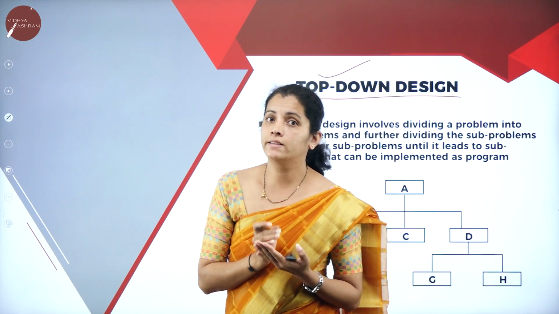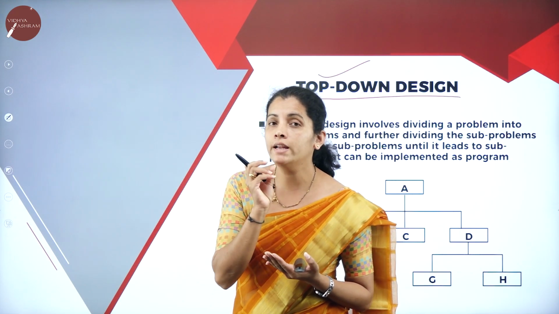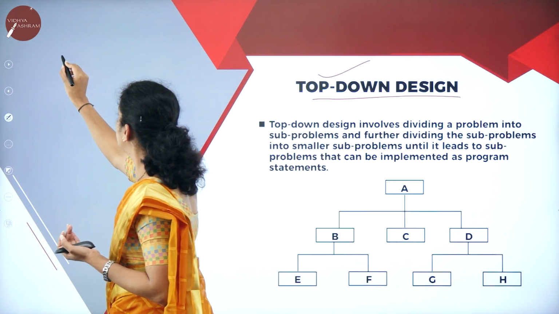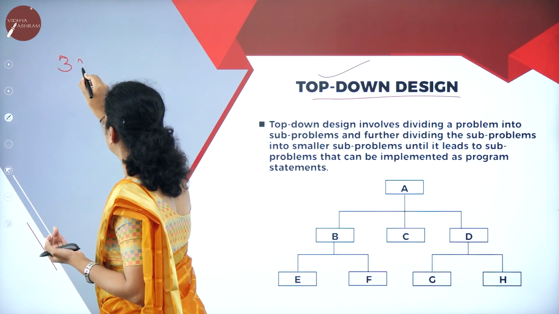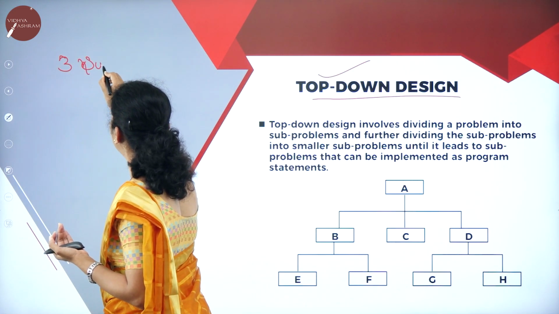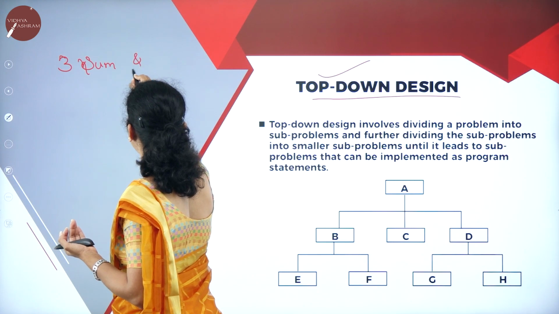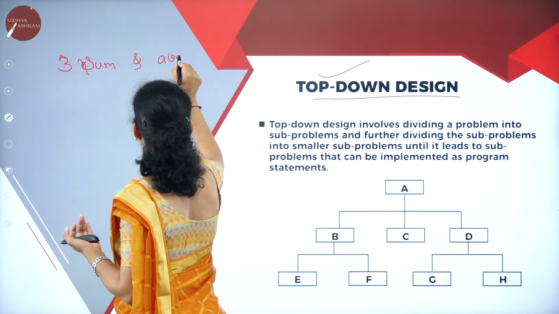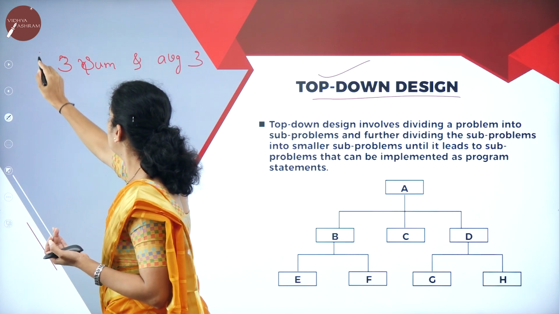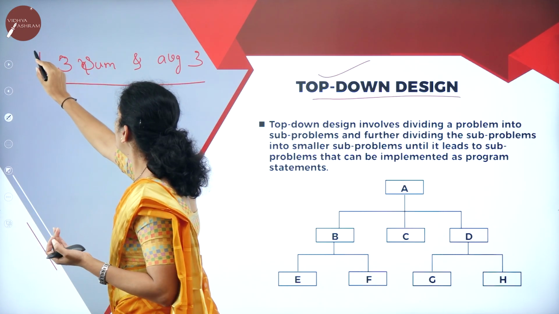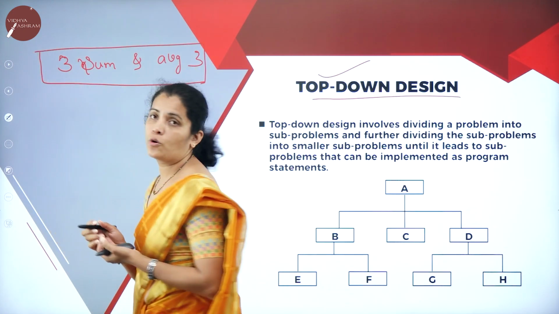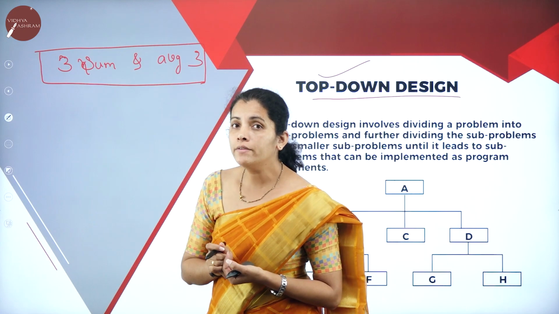Now consider the example that I want to find the sum of three numbers and I want to find the average of three numbers. So this is my problem statement. Now what will I do?